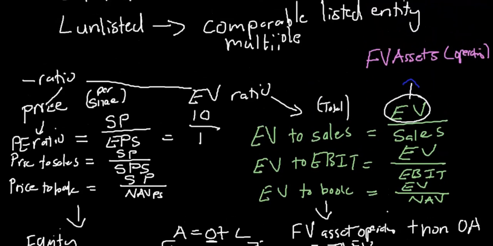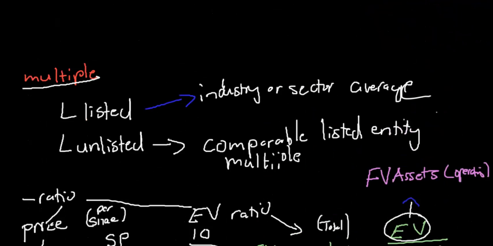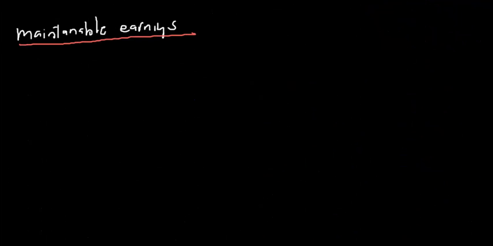So I think at this stage, we've covered multiples. The next step is the next building block, which is maintainable earnings. Now, maintainable earnings. So when we talk about maintainable earnings, there are two things that I want you to reference. The first one is that maintainable means they must be recurring.